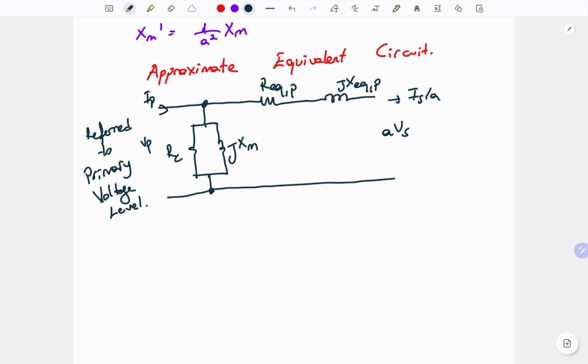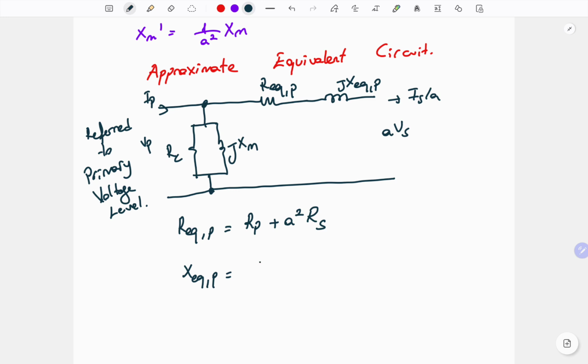Rc and Xm are obvious, they are the original primary equivalents, but for the equivalent resistance and reactance, we have Rp, which is the primary winding resistance, and a square Rs, which is referred to the primary side from the secondary.